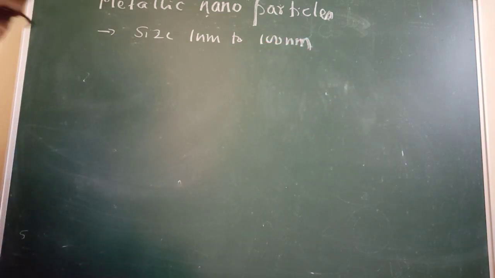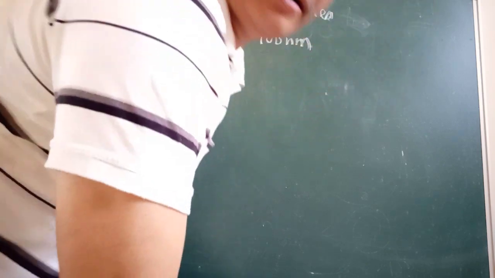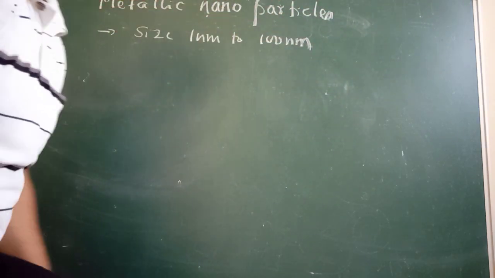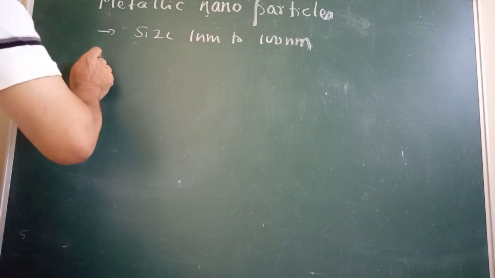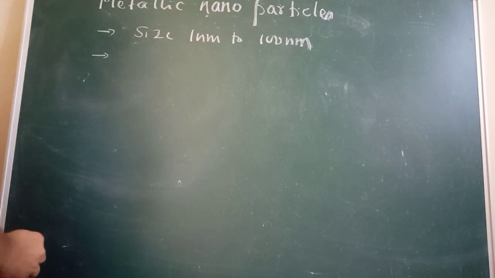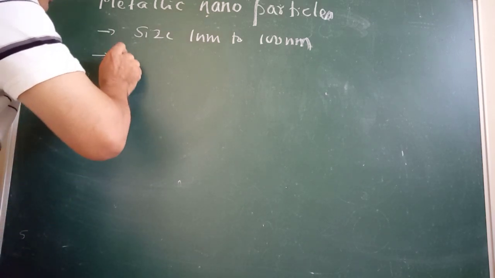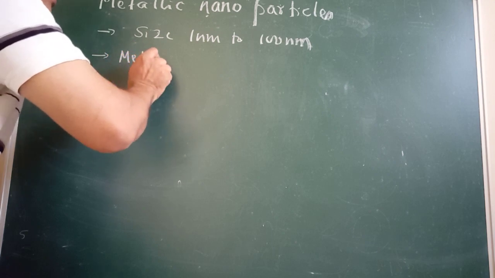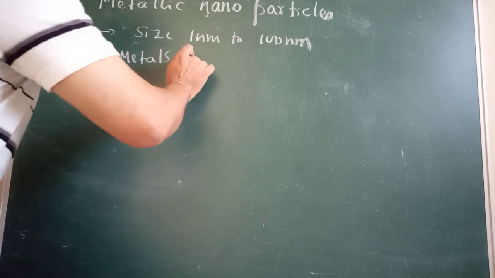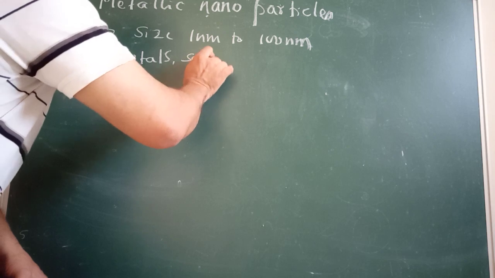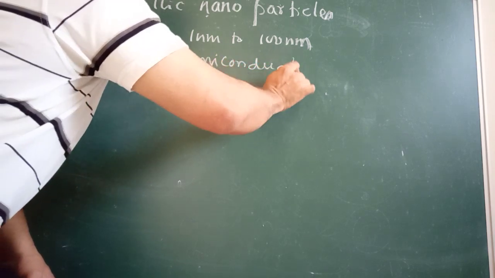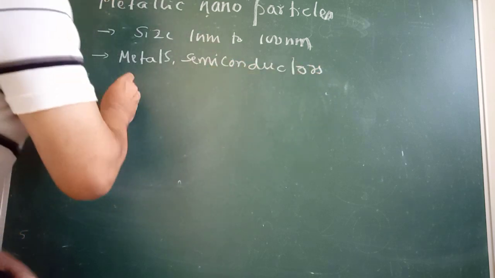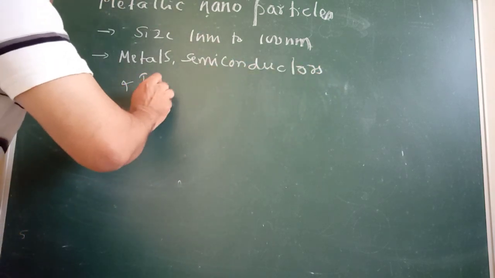There are different types of nanomaterial particles, and those are made of metals, semiconductors, and insulators.